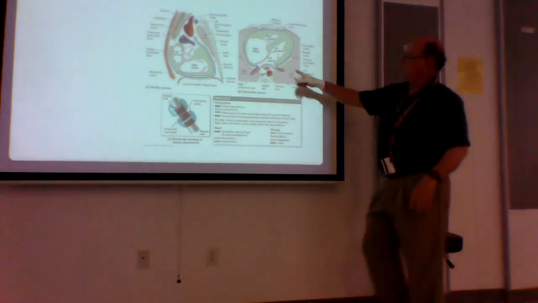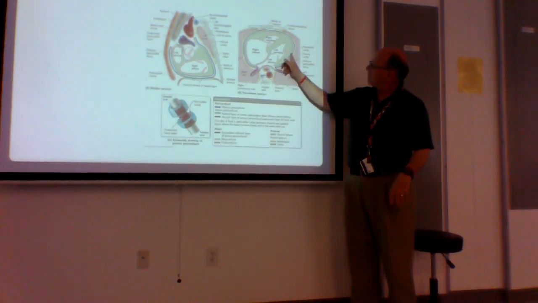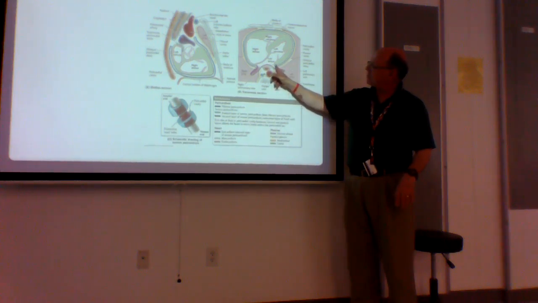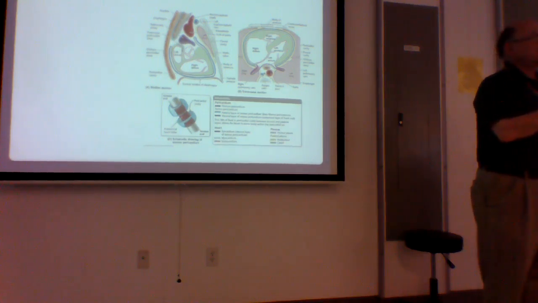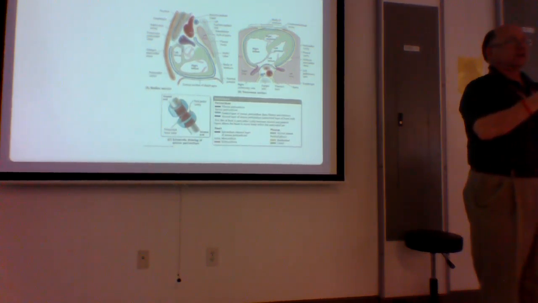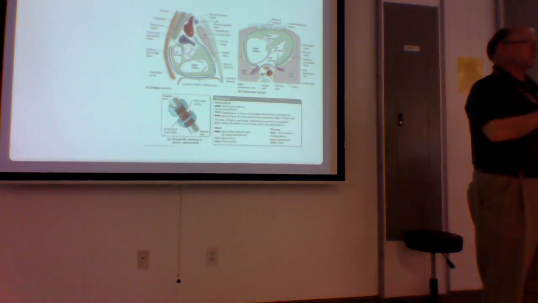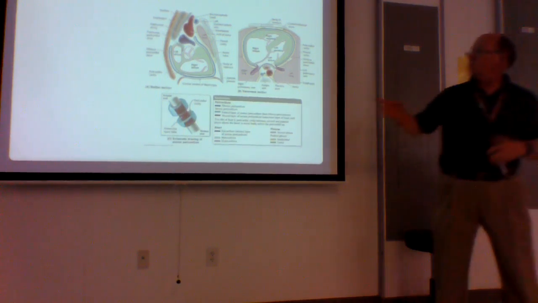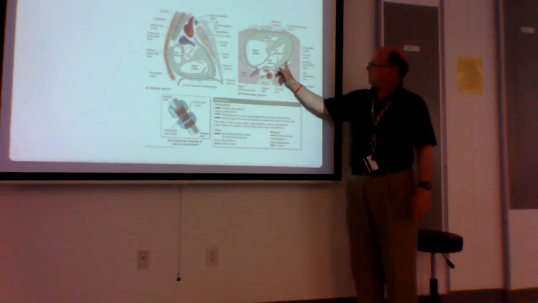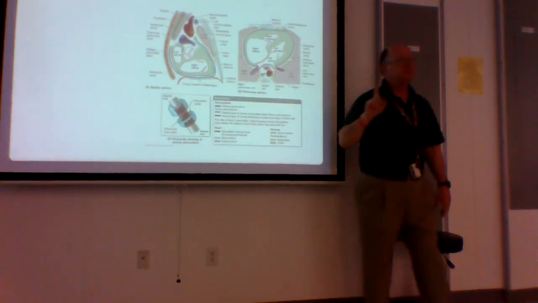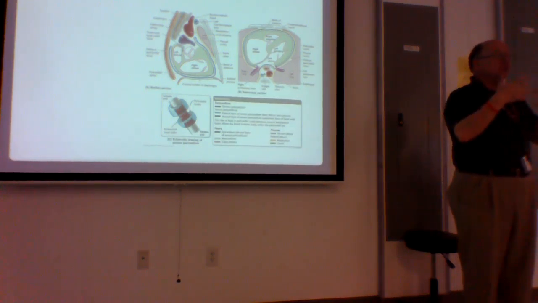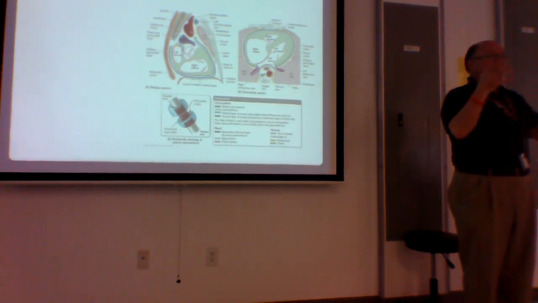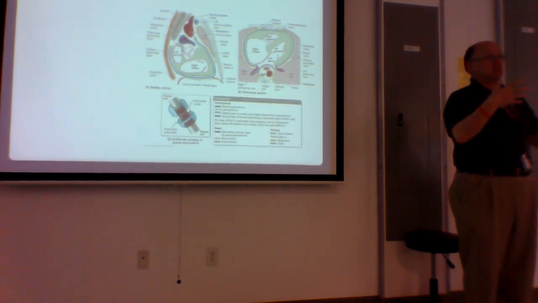And that fluid is produced by this light blue layer, which is a reflection of a different serous membrane. A serous membrane is just a single cell layer of epithelium that produces a fluid. And that fluid is designed, whether it's for this pericardial space or this pleural space, to allow for a relatively frictionless method by which these structures can move around in there without being restricted.